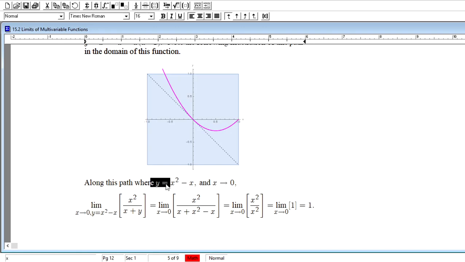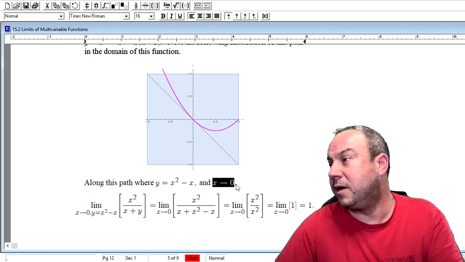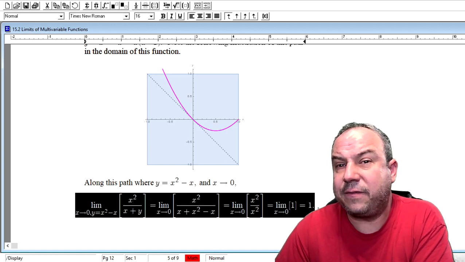The path where y equals x squared minus x, and x is allowed to approach the value of 0. When we approach the origin in the domain of this function along y values that behave according to this parabola, as x approaches 0, meaning we come down the parabola this way, or we approach from the vertex this way, along that parabolic path, we see a different result for this limit.